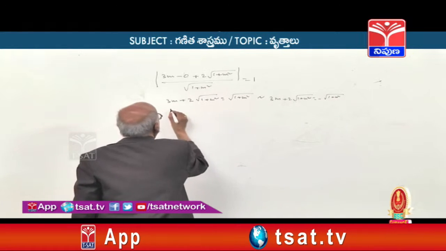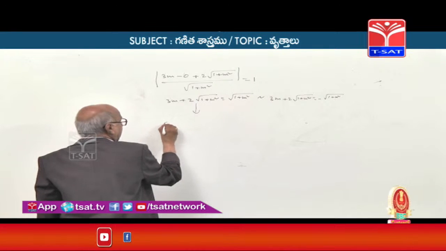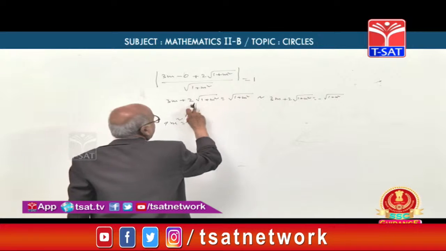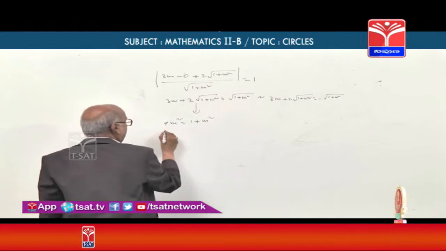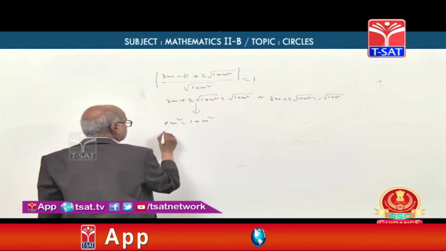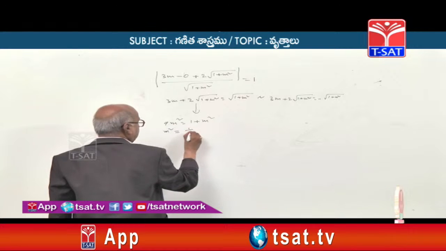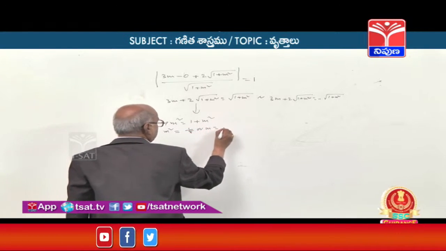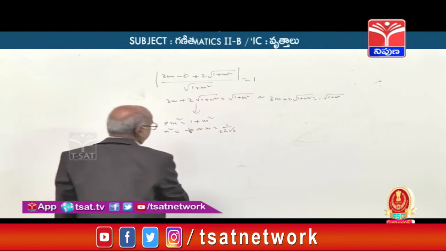Now, this will indicate that 9m square is equal to 1 plus m square, or m square is equal to 1 by 8, or m is equal to plus or minus 1 by 2 root 2.